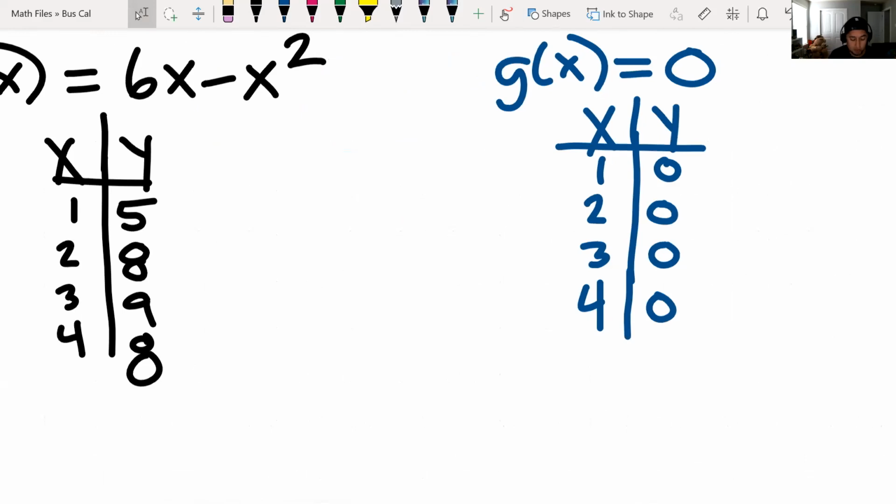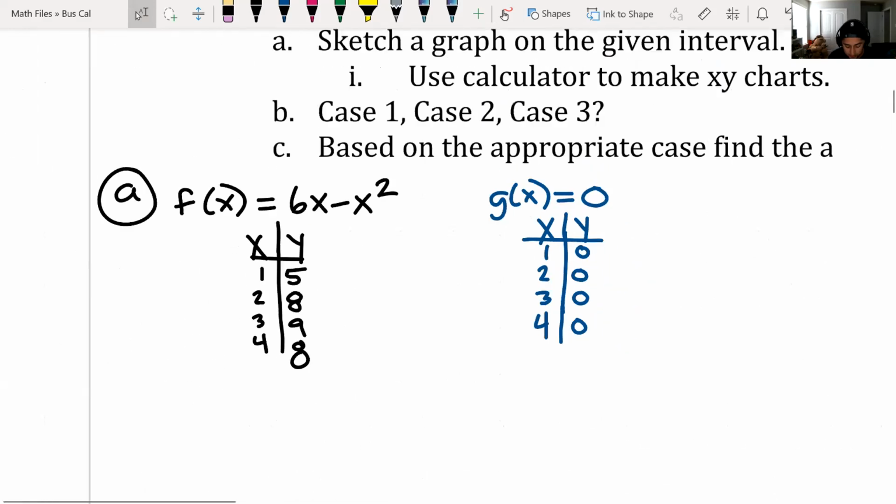Okay, let's plot the first function, which is here. 1, 5, 2, 8, 3, 9, 4, 8. So 1, 5. Here, maybe I could just zoom out a bit.